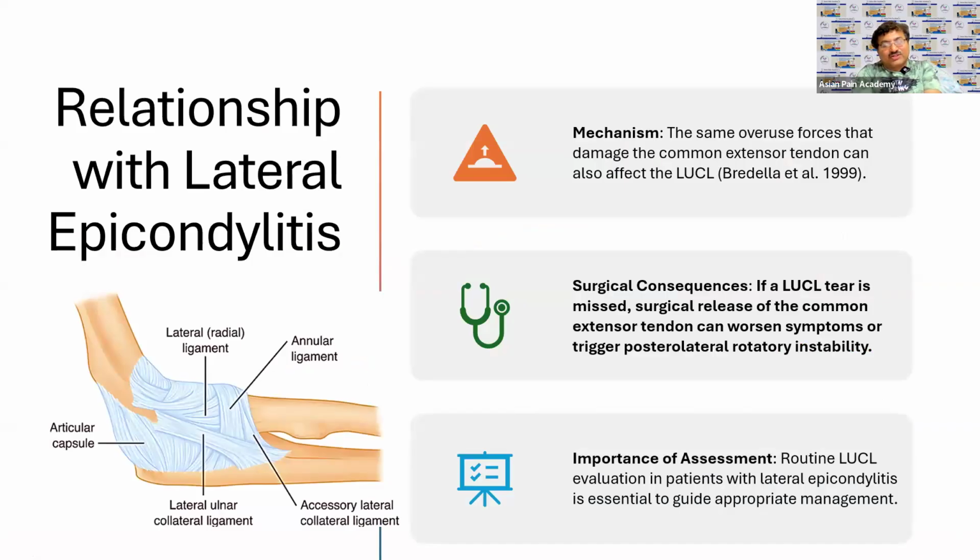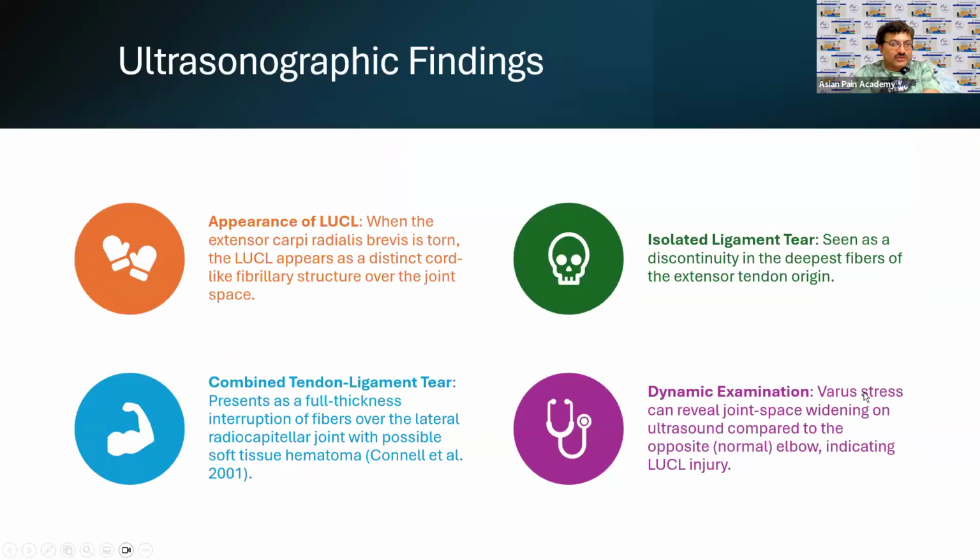So what is the injury? The same overuse forces that damage the common extensor tendon can also affect the lateral collateral ligament. If a lateral ulnar collateral ligament injury is missed, surgical release of the common extensor tendon can actually worsen the symptoms and increase the rotatory instability. Routine LUCL evaluation in patients with lateral epicondylitis is therefore very important.